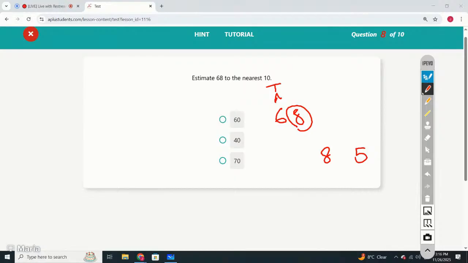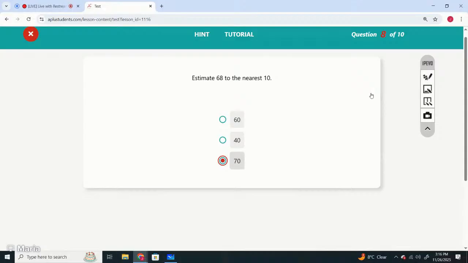So 8 is greater than 5. So it would be round up. Round up means add 1 to the tens digit and replace the ones digit with 0. So it would be rounded to 70. Option number 3 is the correct option.